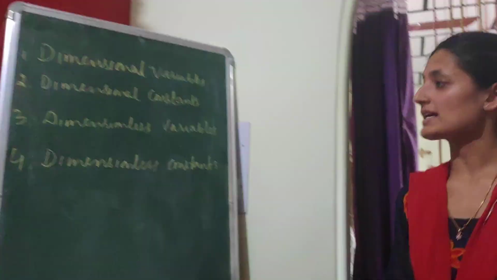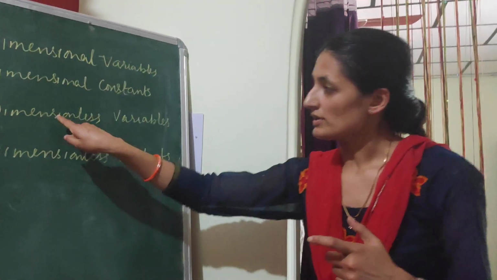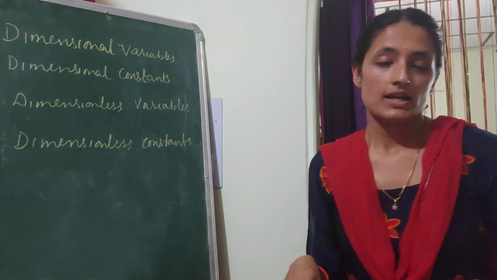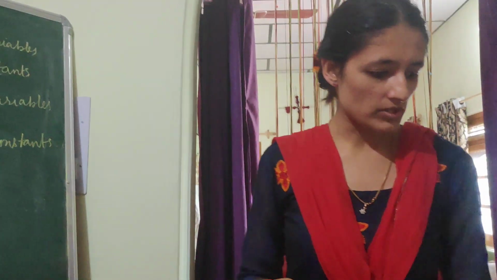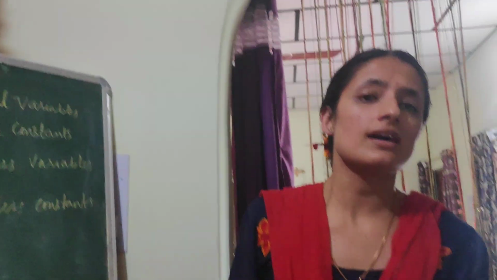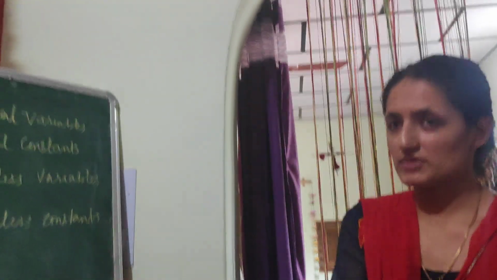Now third one is dimensionless variables. Variables that do not have dimensions. For example, what can you take in dimensionless variables? Angle, specific gravity, strain, sin theta, cos theta, etc. Angle we have discussed in this chapter.